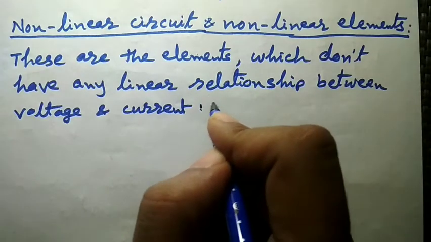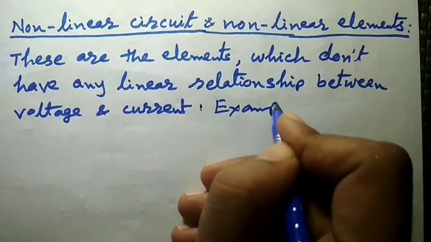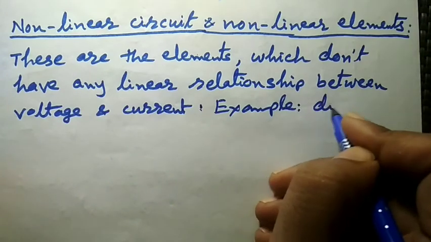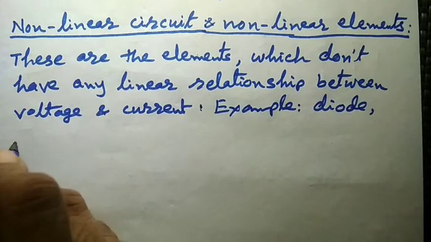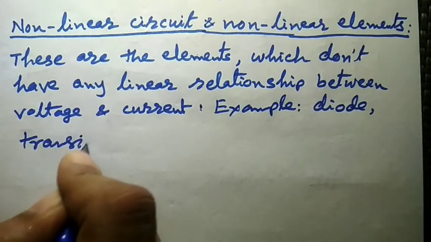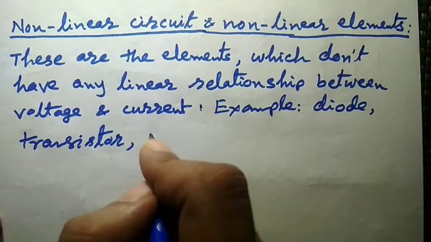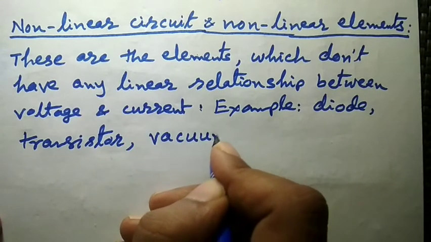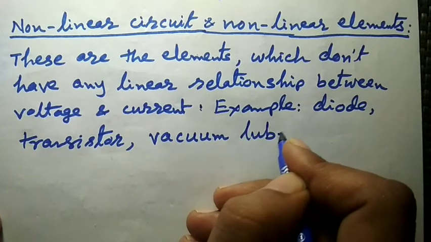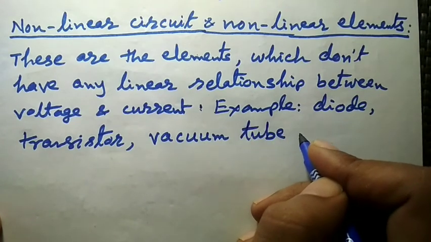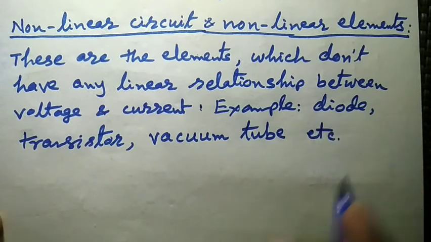For example, diode, transistor, then vacuum tube, other electronic devices, etc. And the circuit that is made by these nonlinear elements is called the nonlinear circuit or the network.